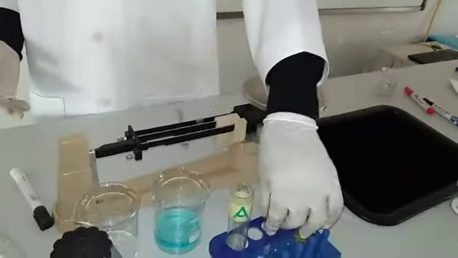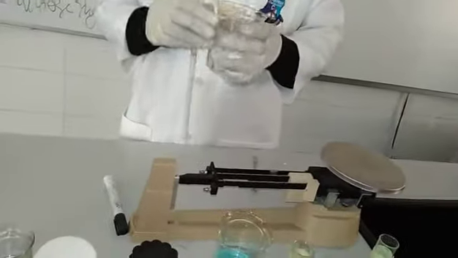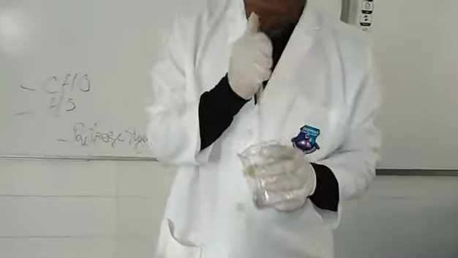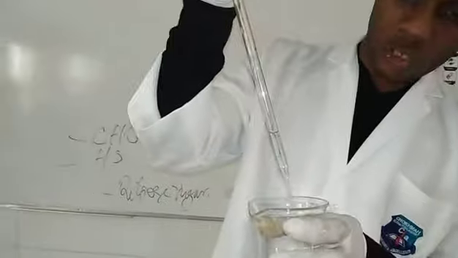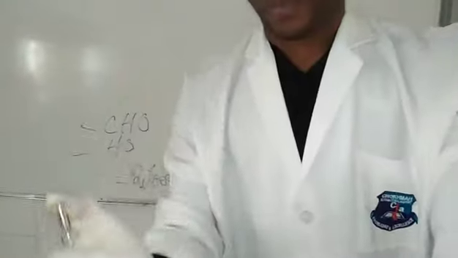Alright, but how do we know that this is not protein? So we also take some amount of this. We also take 2 ml of sodium hydroxide. We add it to this test tube.